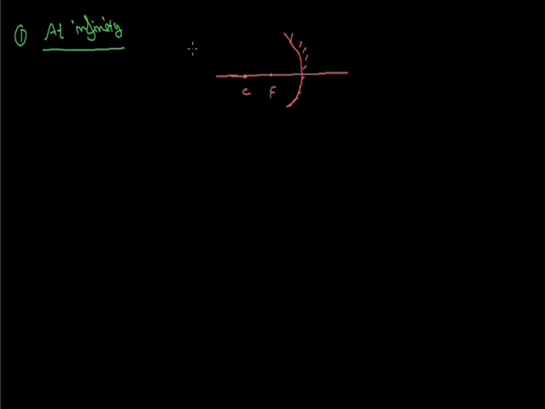Let us suppose the object is placed at infinity. The parallel rays will arrive like this. The parallel rays are incident on this mirror. The direction should be specified whenever we represent the arrows. Now after reflection, the rays will be bent toward the focus, as stated in the first law.